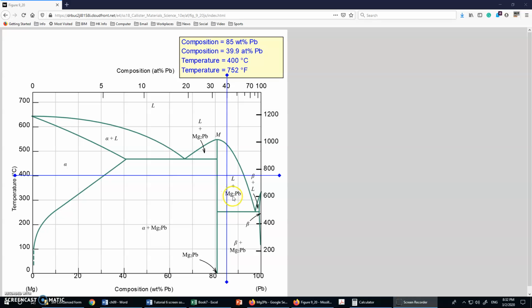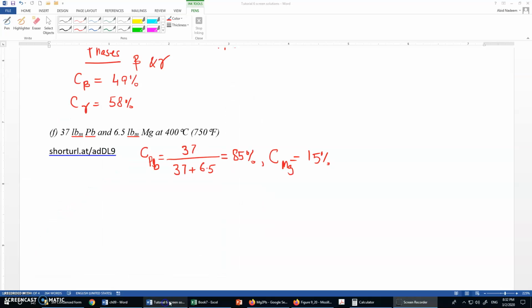Liquid plus Mg2Pb, which is actually called magnesium plumbide. So two phases are present. The phases are liquid and Mg2Pb, which is called magnesium plumbide.